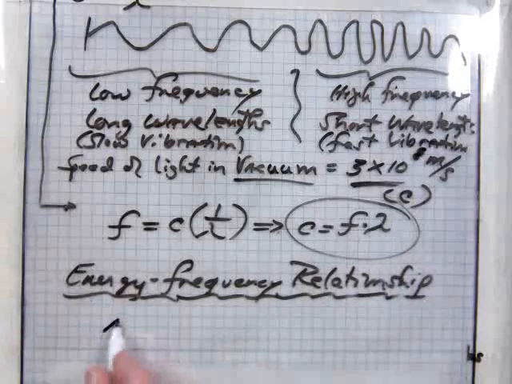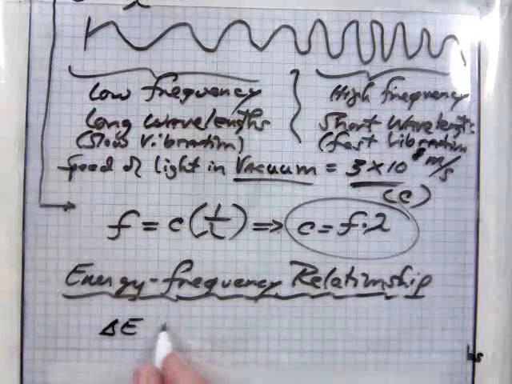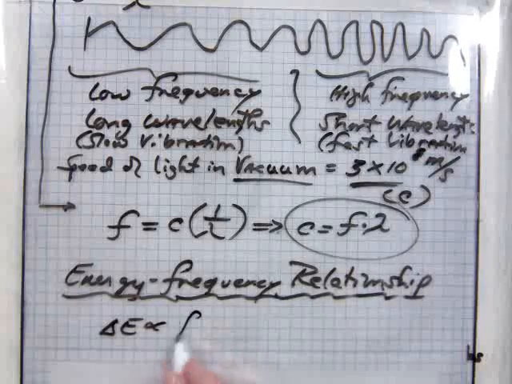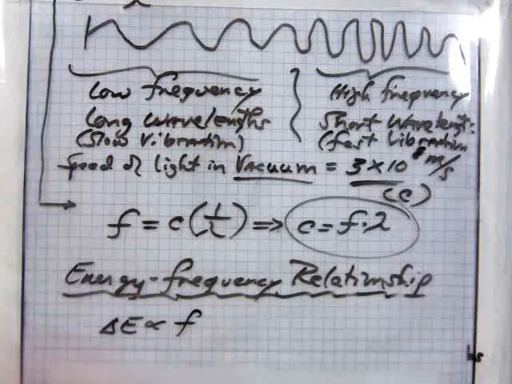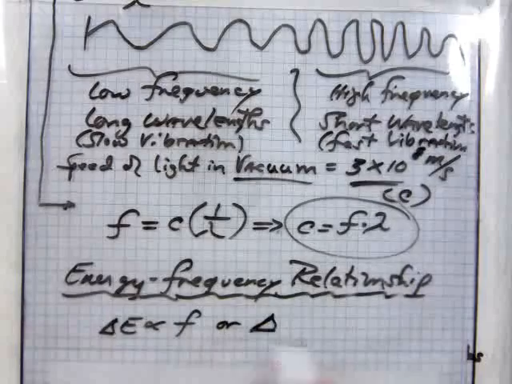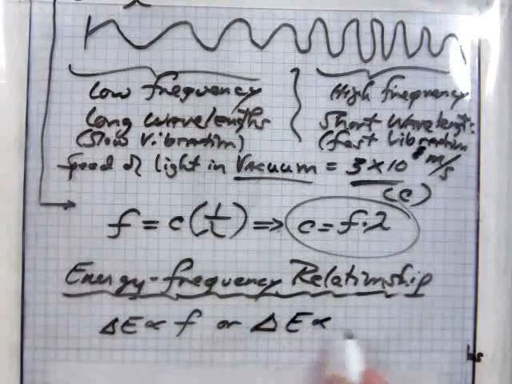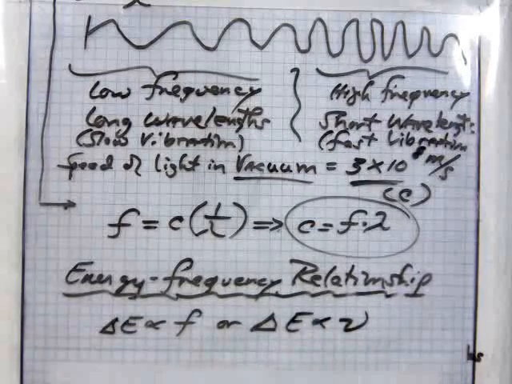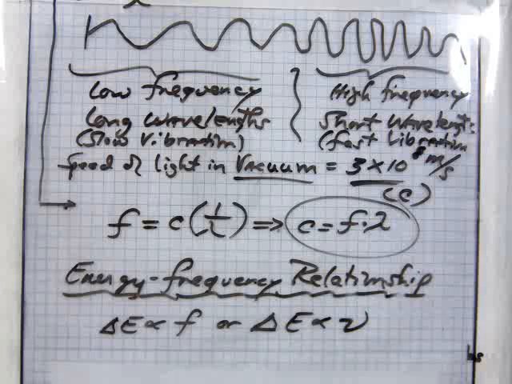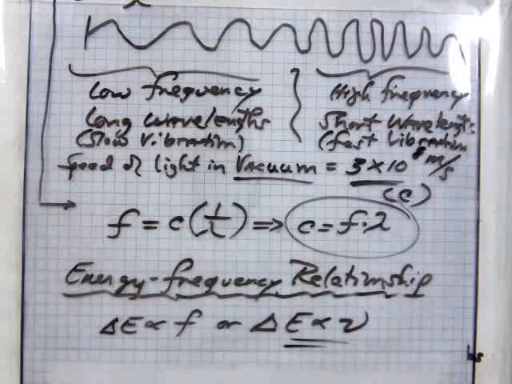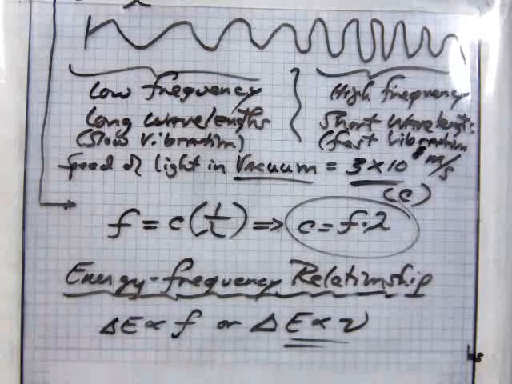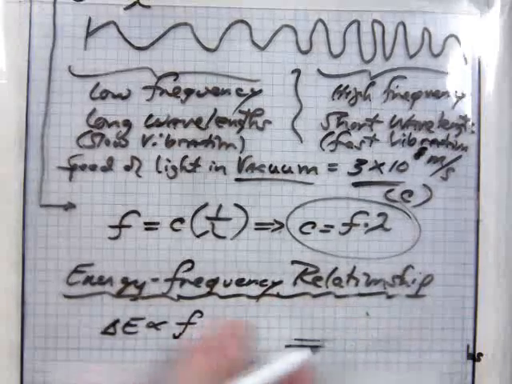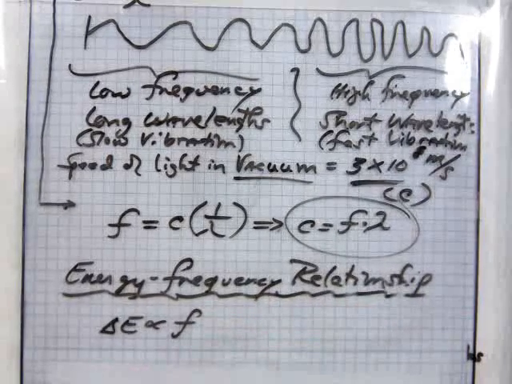So delta E is proportional to the frequency, or if you're using the Greek format, you'll see that little v, nu, the Greek letter. I think that's what's in the Ebbing text, but I like to use the f because it always reminds me of frequency. So I'm going to use frequency like that.